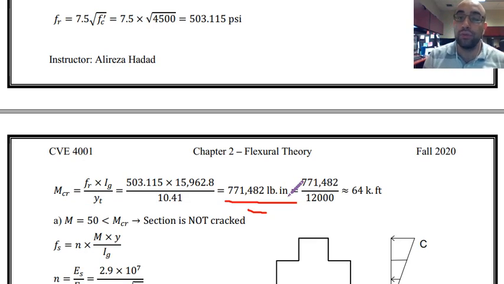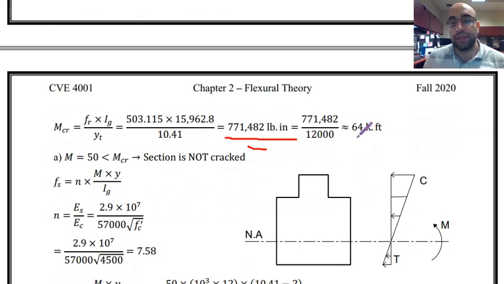It is not common to mention and describe moments in pound inch unit, so we have to change it to kip foot, and for that I have to just divide it by 12,000. And if I do that, we can see the cracking moment is about 64 kip foot.